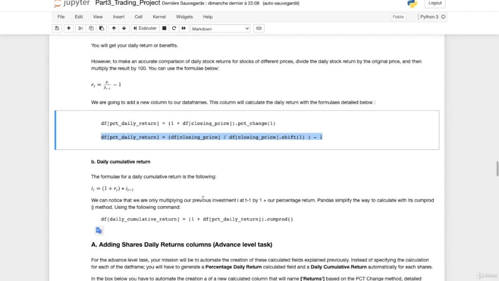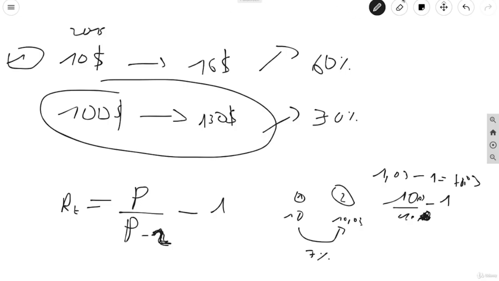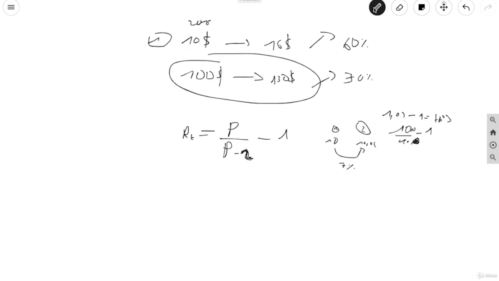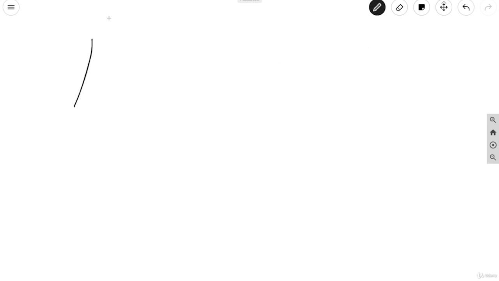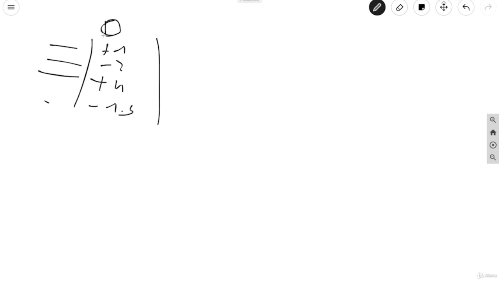Once you calculate your daily return, you will get a column with the return that you have made each day. Let's say 1%, minus 2, plus 4%, minus 1.5, etc. And the goal will then be to calculate your cumulative daily return.